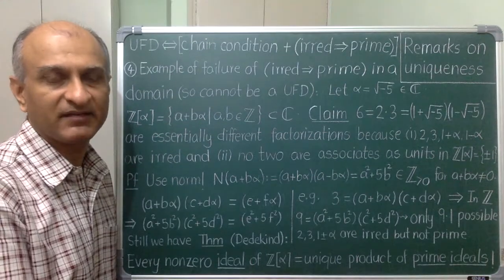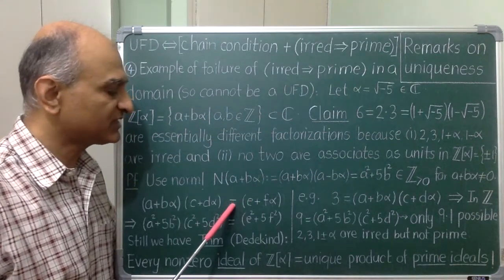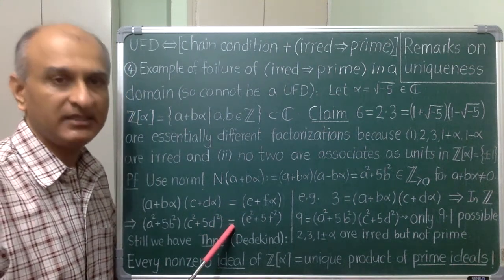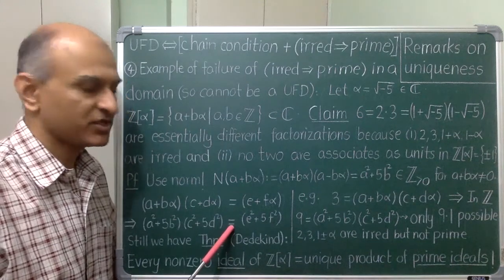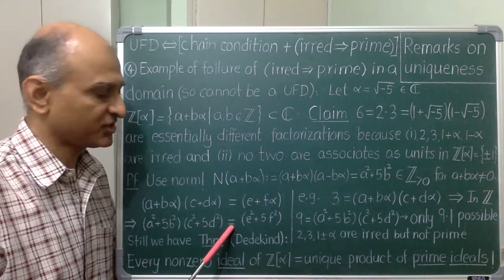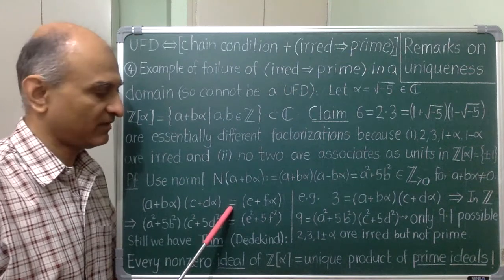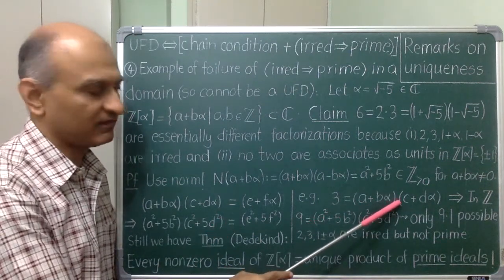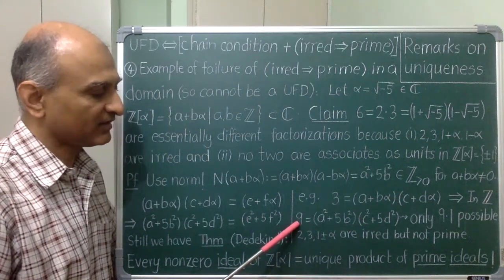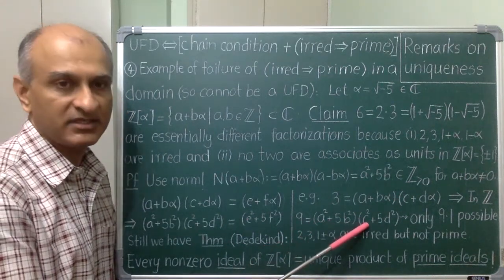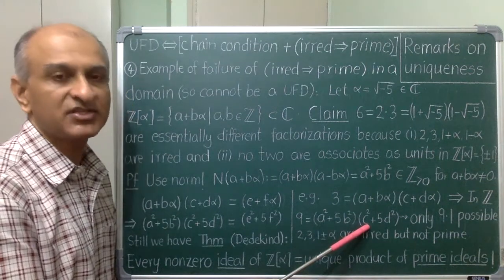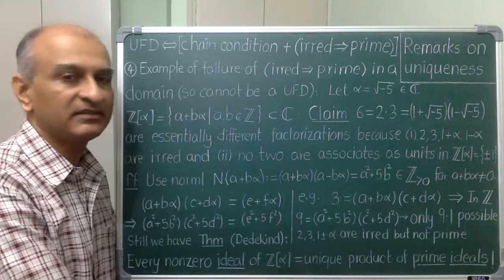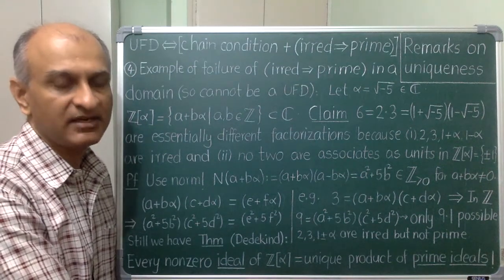Norm is multiplicative, so an equation of this type in Z[alpha] gives me an equation like this in integers, and such an equation in turn imposes strong restrictions on factoring in Z[alpha]. For example, if 3 were to factor like this in Z[alpha], then 9 would need to factor in this fashion over integers. And you check quickly that such a factoring is possible only in the trivial way. This shows that 3 is an irreducible element in Z[alpha].